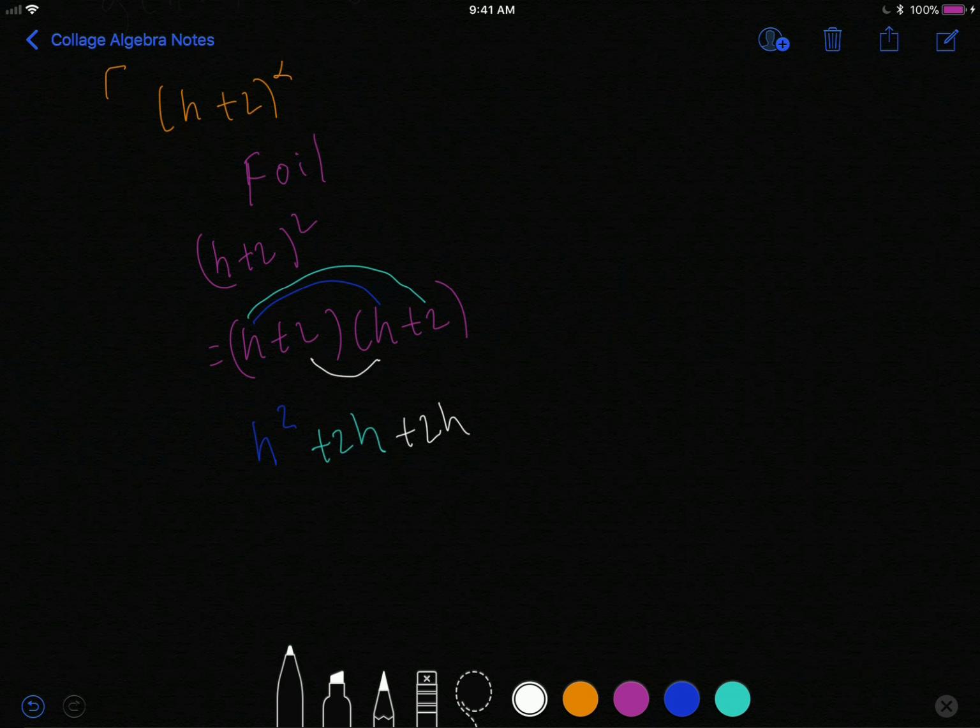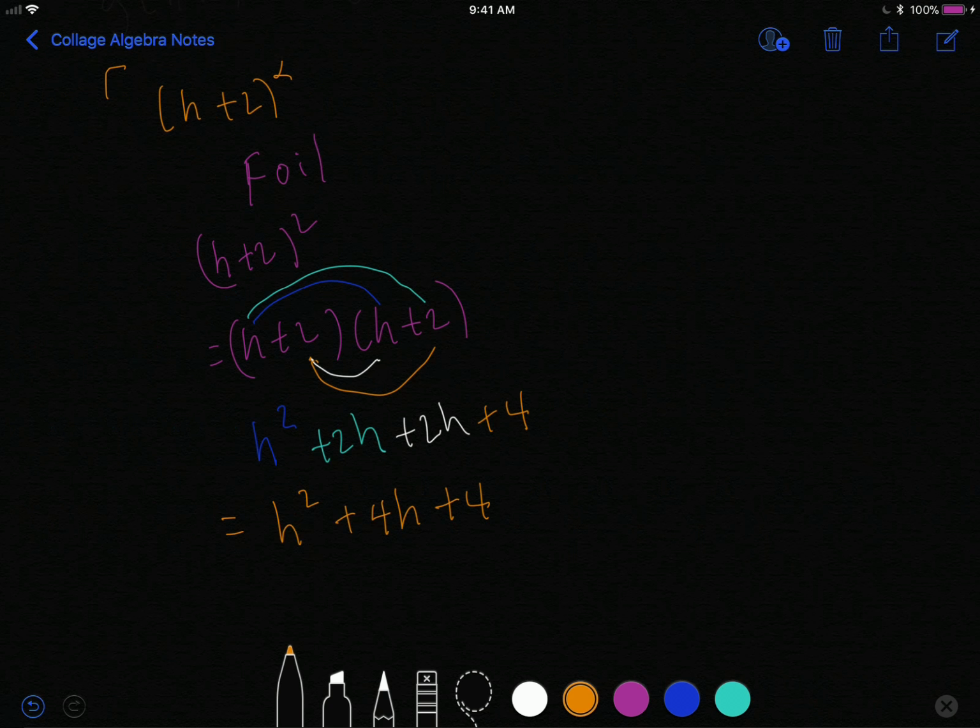And then the L stands for the last terms. You multiply the last terms together, and that gives me a plus 4. And that leaves me with h squared plus these two middle terms, which are like terms, so you can add them together, plus 4. And there you go. You have foiled this lovely thing together.